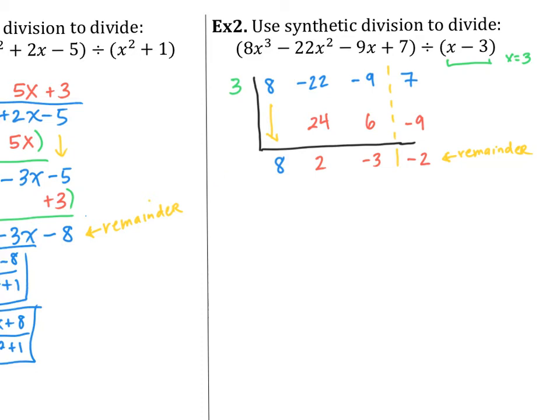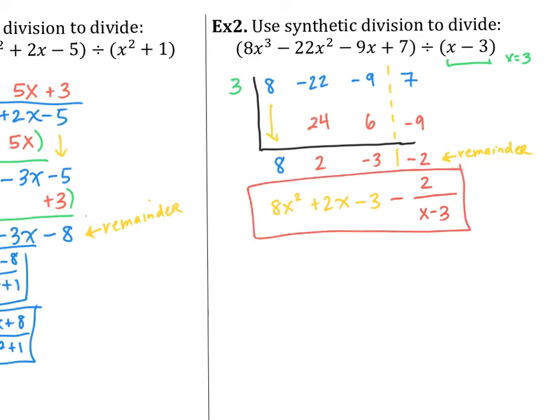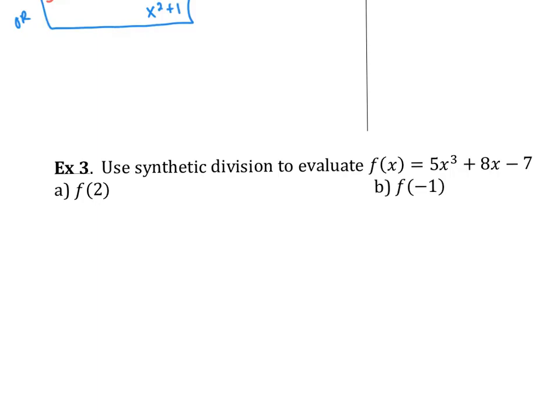If I kept going, this would be the cubic. So now I'm going to rewrite this as a polynomial. This was the quadratic, the linear, the constant, and then I had the remainder. My remainder was minus 2 over, what did I divide by? x minus 3. And if you did long division, you would get the same result.